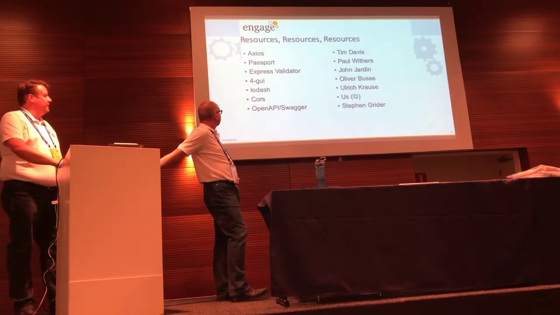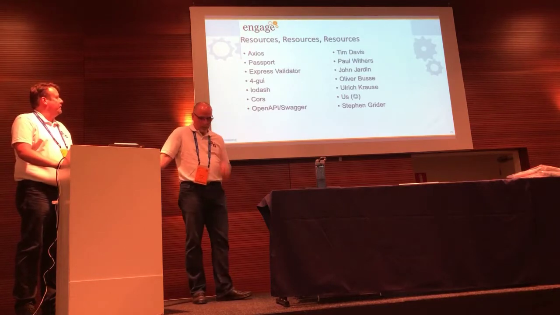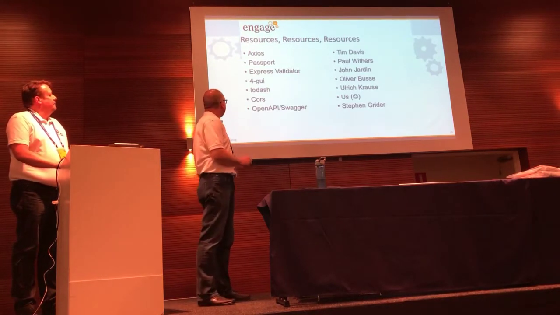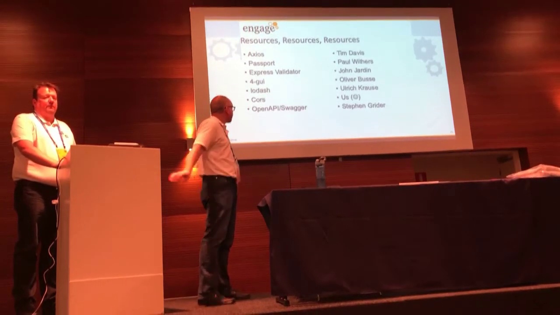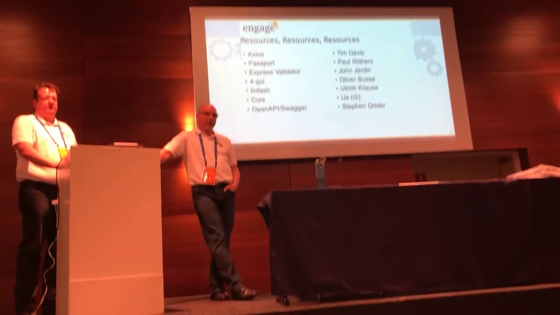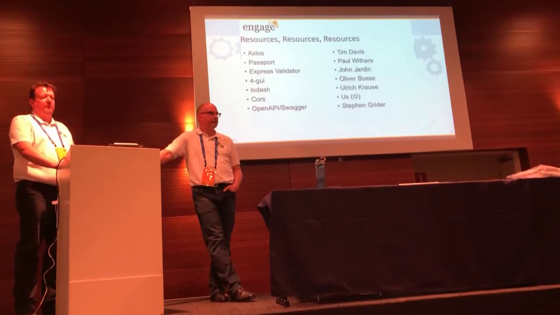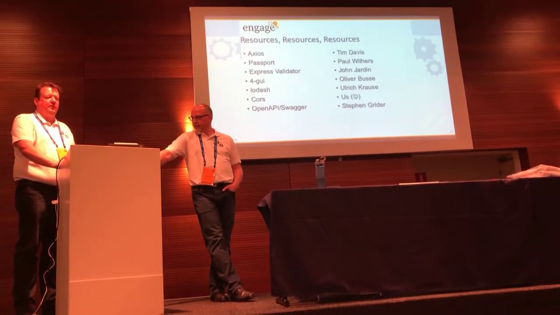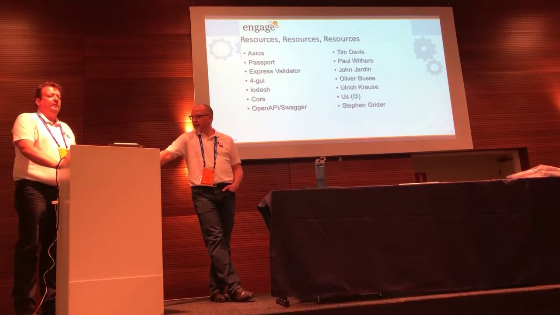A couple of other resources that we use: Graham mentioned Axios already. Passport, I mentioned that as a library for node applications because it helps you along with authentication against heterogeneous systems. I think there are about 500 authentication endpoints that Passport supports by default, including stuff like Connections Cloud and whatnot.